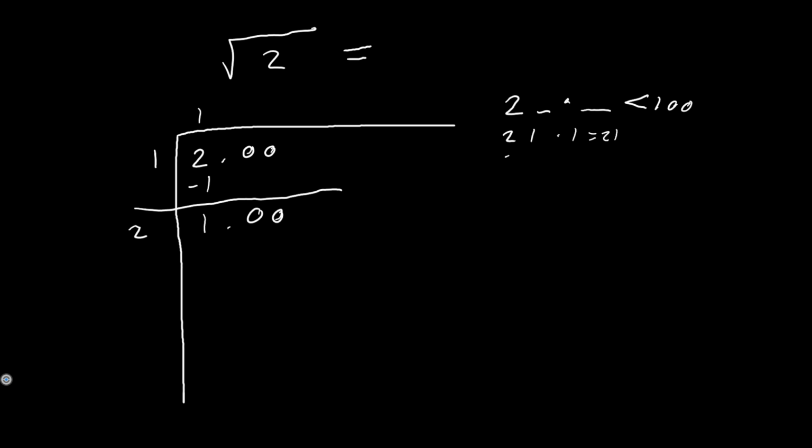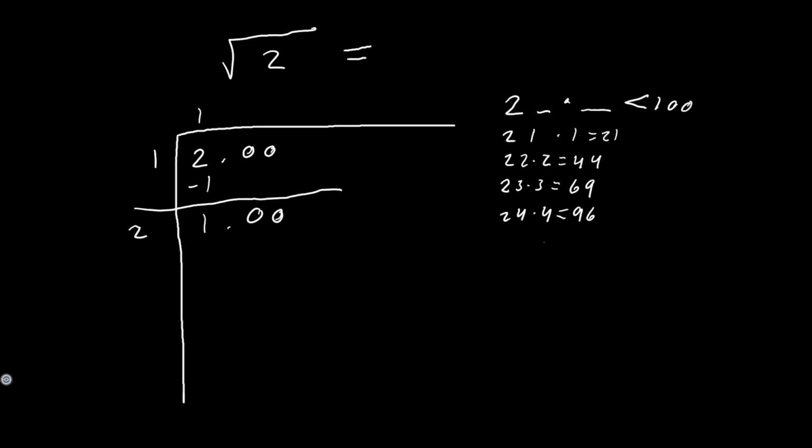So we have 22 times 2, that equals 44, which is less than 100 still, so we can keep going until we get the highest number. 23 times 3 is equal to 69, and 24 times 4 equals 96, which is as close as we could get to 100.